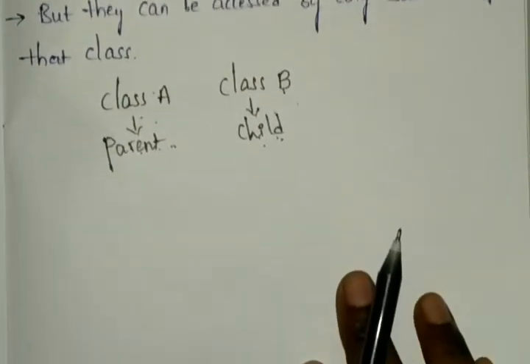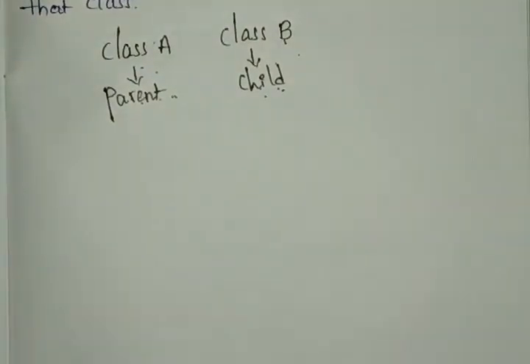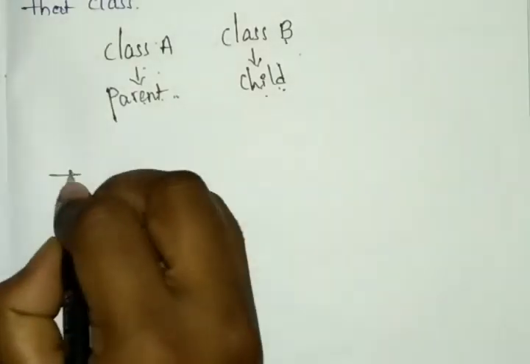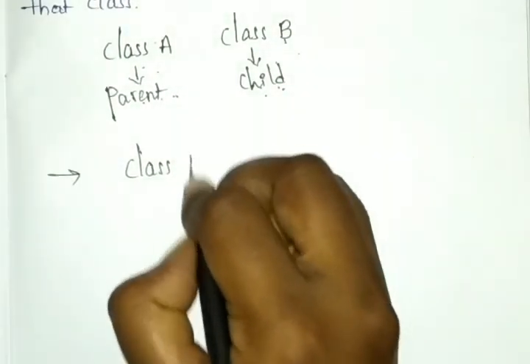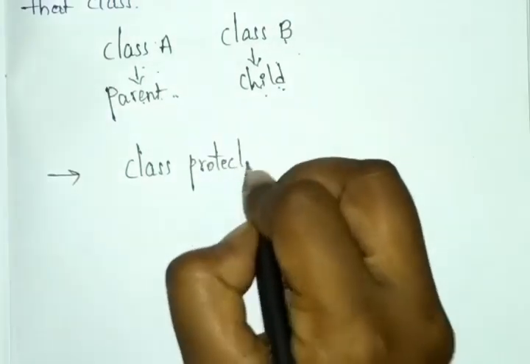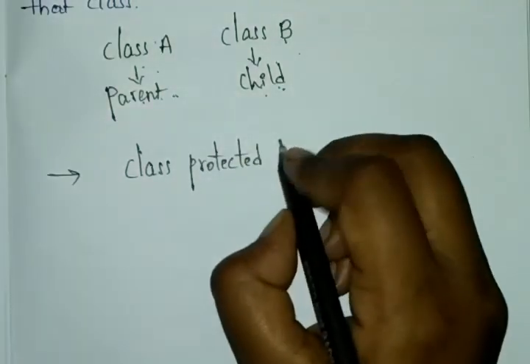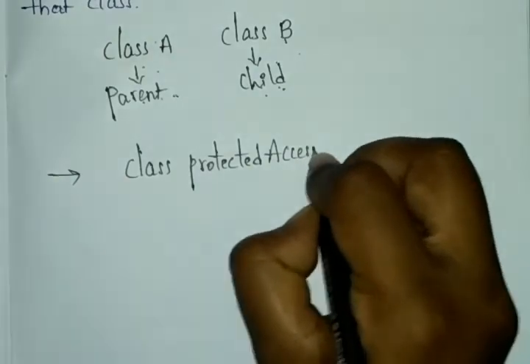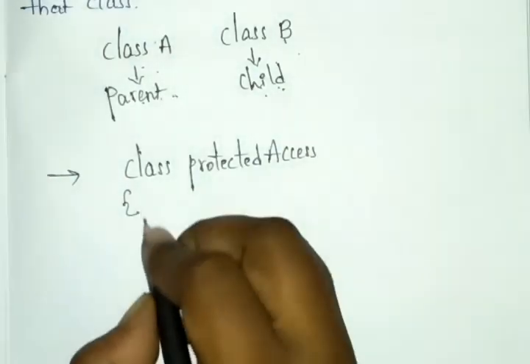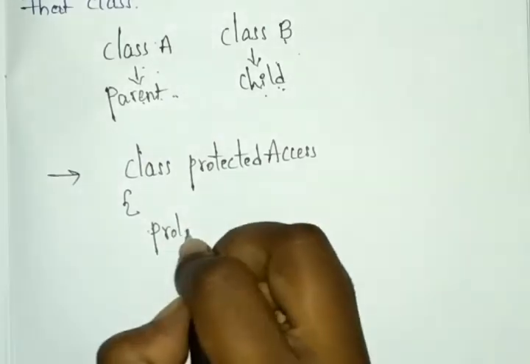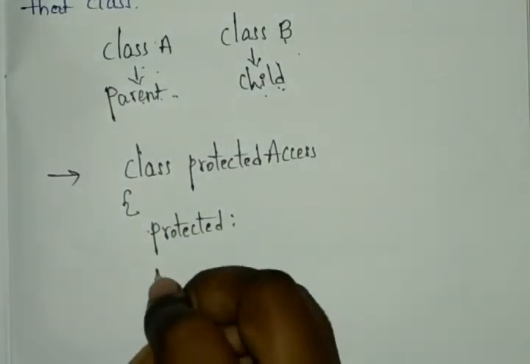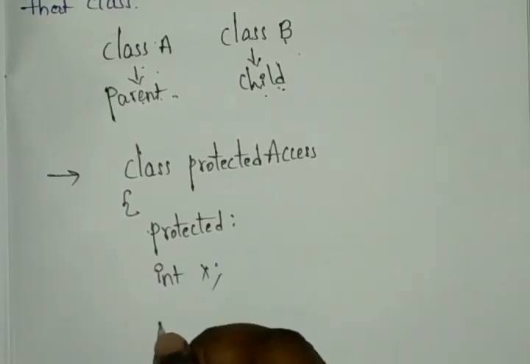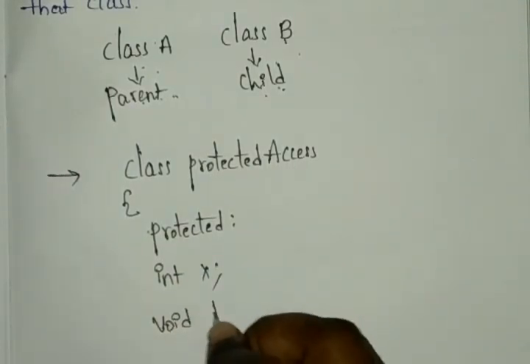Same as the example format we wrote, just see: class, this is the protected, right? Write the protected access class, and next open the class. After the protected keyword, write the colon. Next I choose int x and then void display.